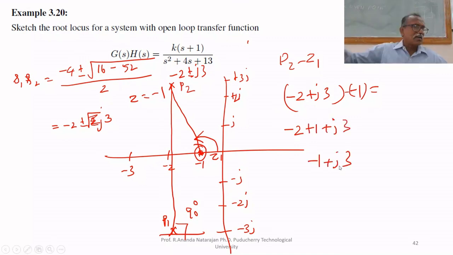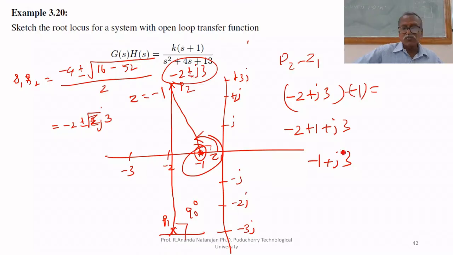Am I correct or not? What is the distance between these two? You subtract this point from this point: minus 2 plus j3 minus minus 1 gives minus 1 plus j3.